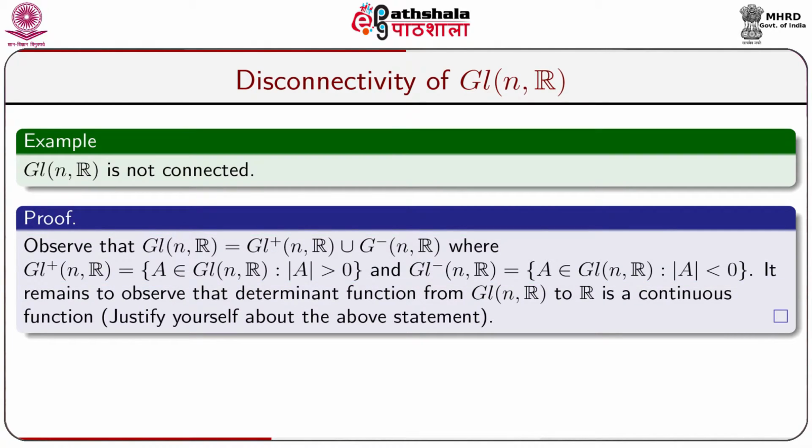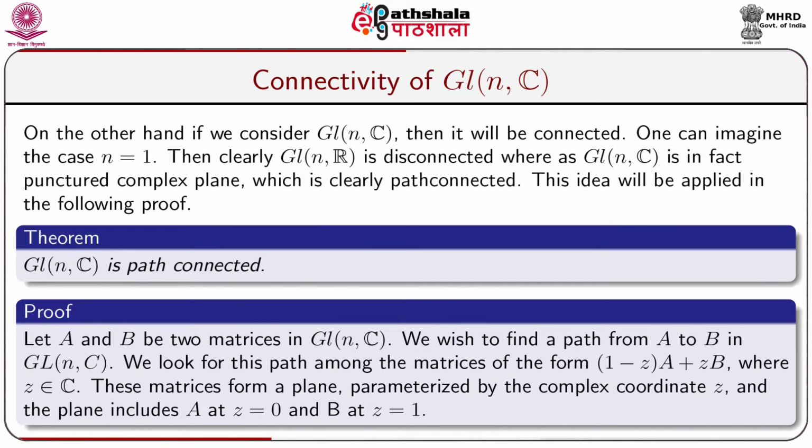That means we get two disjoint open sets of GL(n, R) whose union is equal to GL(n, R). Therefore, GL(n, R) is disconnected. In contrast, if we go to GL(n, C), then we shall see that GL(n, C) is path connected. This is not disconnected.